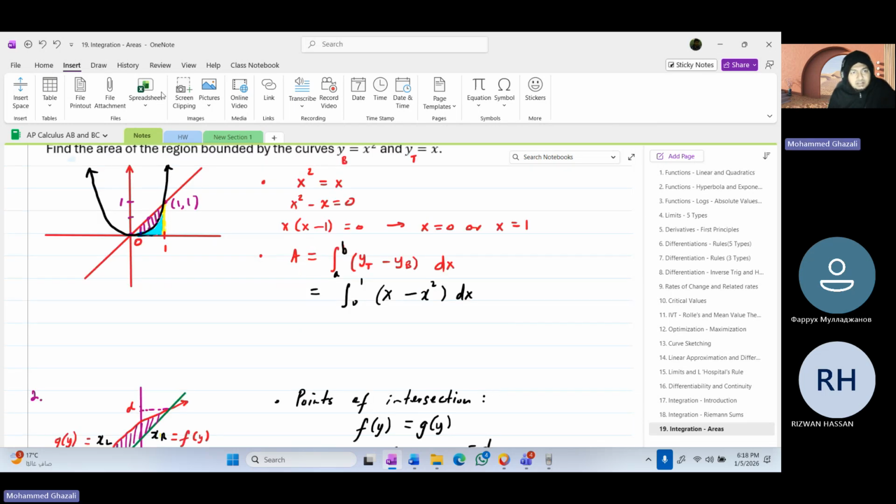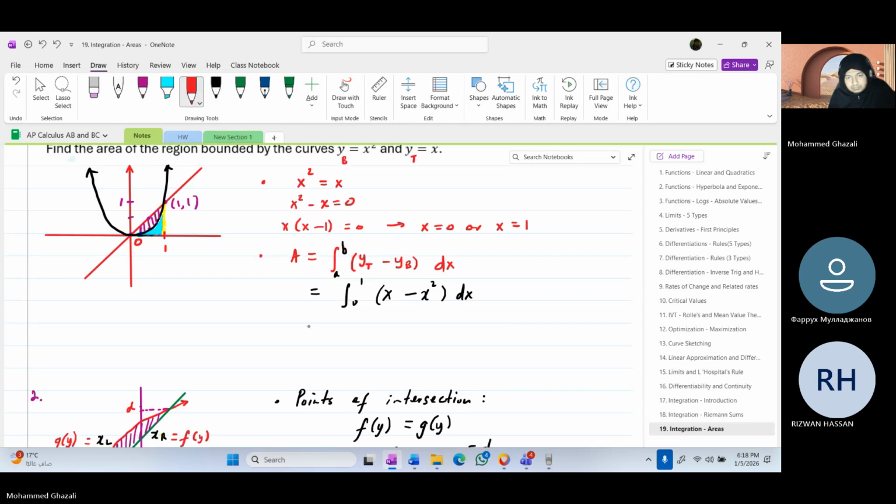Because we set up the integral, it's quite easy to solve. So let's solve this integral. We add 1 to the power, divide by the same power. So we get x squared over 2 minus x cubed over 3, from 0 to 1. If I substitute 1, I will get a half minus a third.